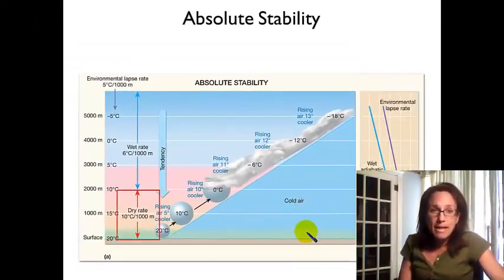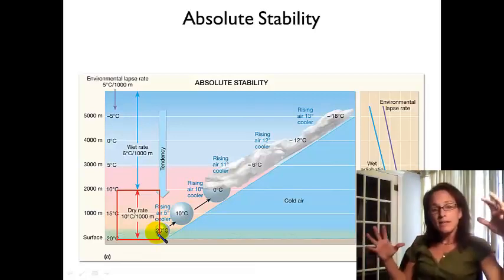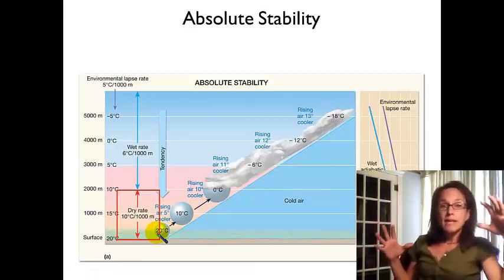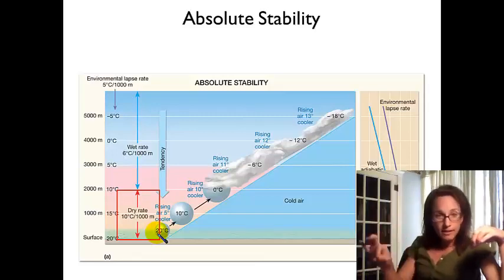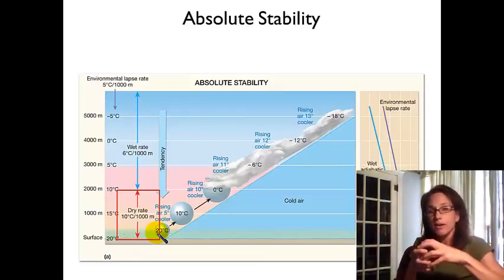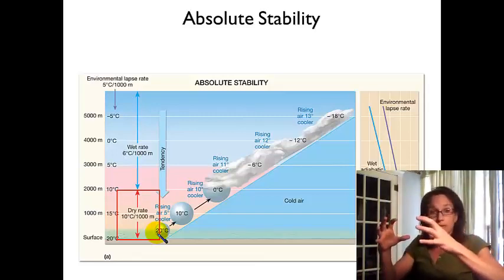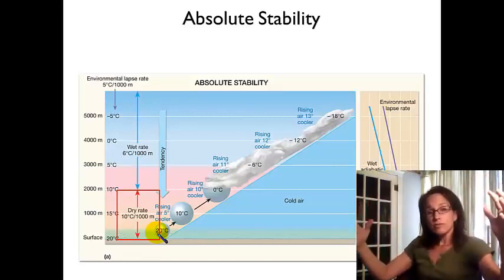Now, as an air mass rises, it cools adiabatically. Remember, we talked about adiabatic cooling. That happens because the air mass expands and the temperature decreases, just like letting air out of your bike tire. The air mass is going up because pressure is decreasing, it's expanding, and it's cooling.